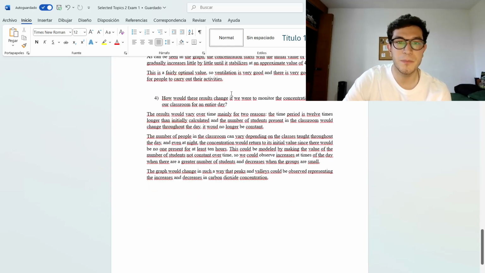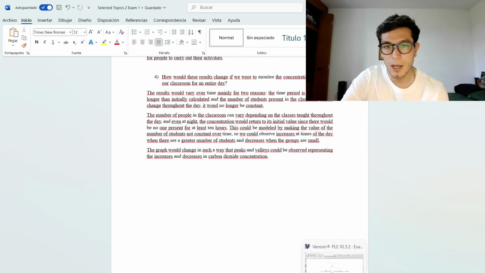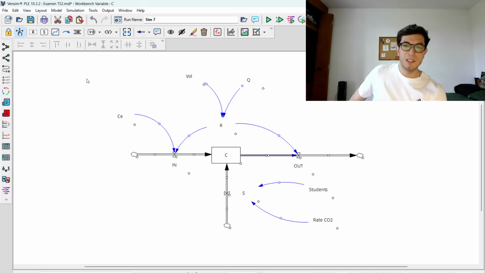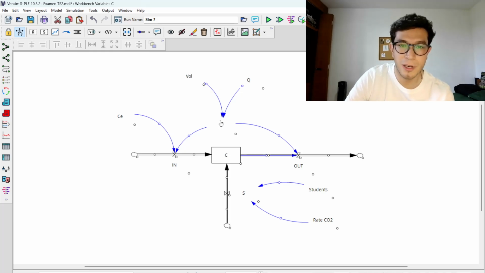But the interesting part is the fourth question: how would these results change if we were to monitor the concentration of CO2 in our classroom for an entire day? Well, as we consulted you, we tried to put different values.